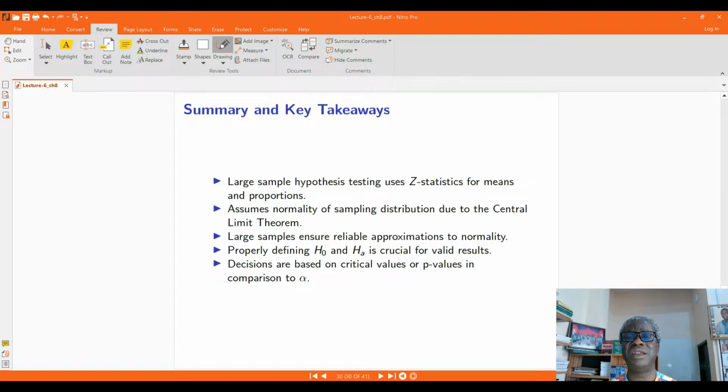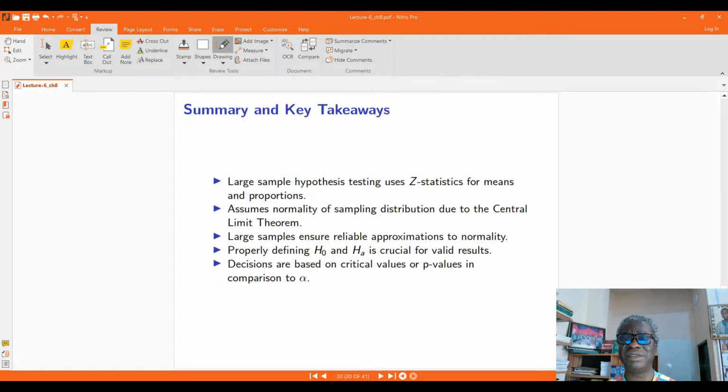So the sampling distribution tends to have a normal shape as the sample size gets larger.